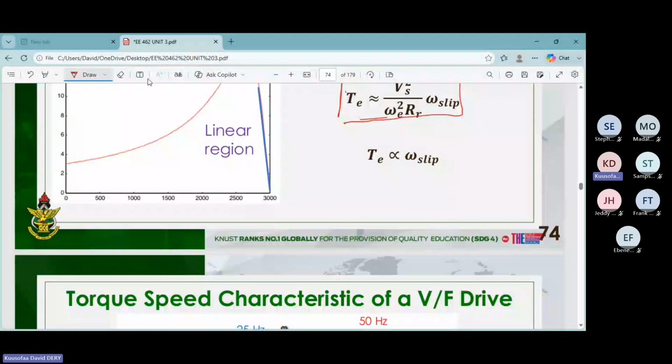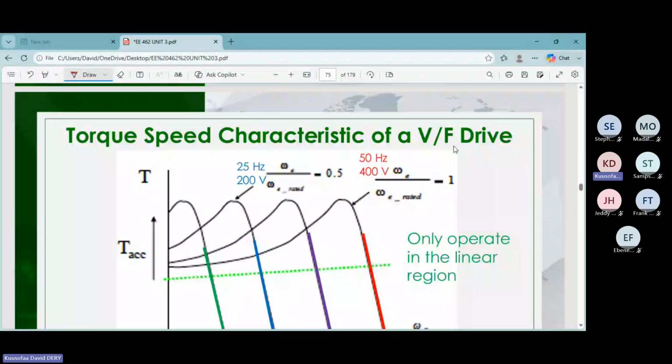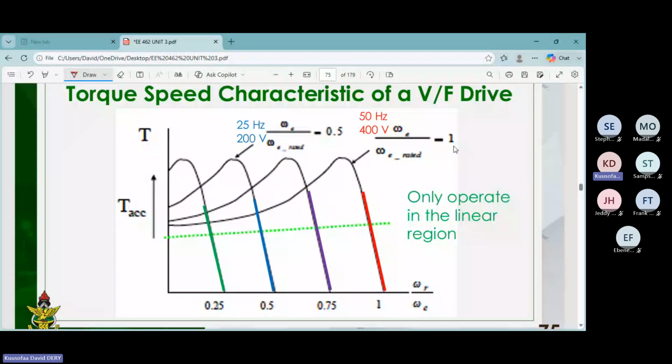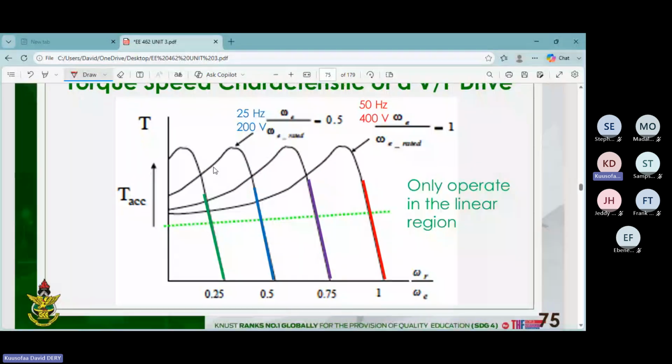So let's look at different speeds. When you operate at different frequencies, these curves here are at different frequencies and different voltages, right? We see that they are proportional.